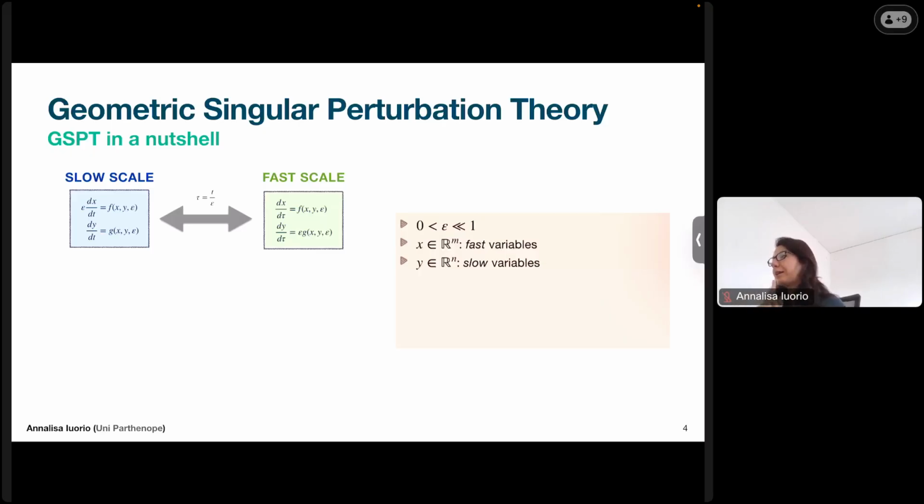Another thing that I point out is that I told you now that the independent variable in the original context was considered to be time, but as we're going to apply GSPT to traveling waves, traveling pulses, our independent variable will be, and we'll get to that in detail later on, the traveling wave variable, the typical x minus c times t, where c is the speed.